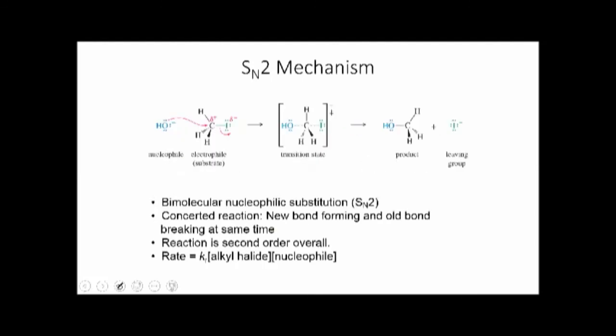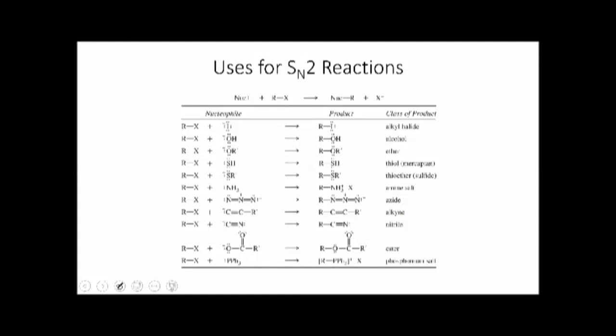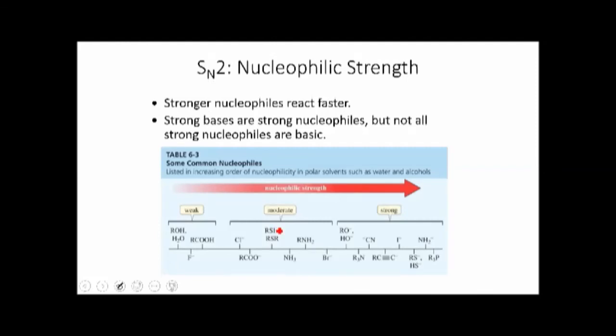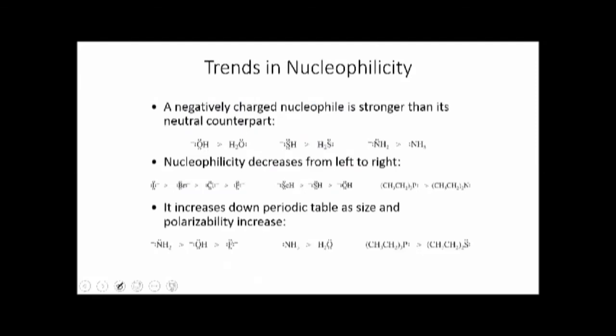You can read this with the mechanism, SN2 energy diagram. I would appreciate that you find your own resources for SN1, SN2, and E1 and E2, or that's something that I can also discuss with you over the live session. So these are nucleophilic strength, basicity versus nucleophilicity.